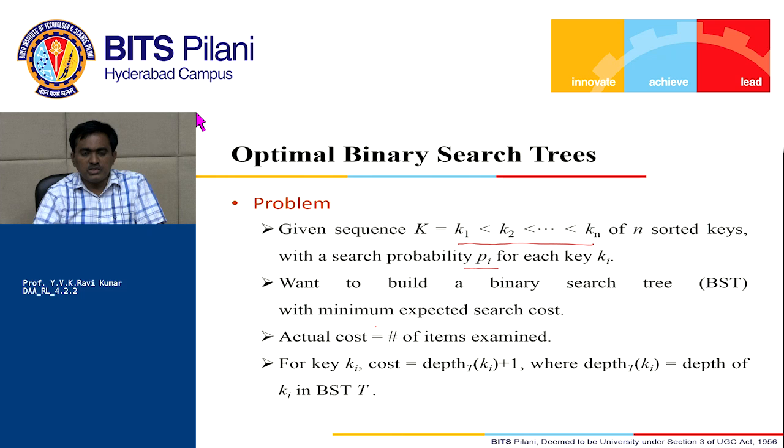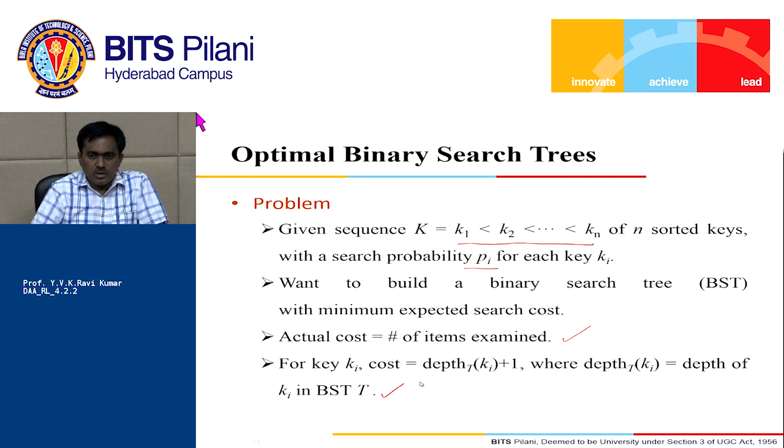Here the actual cost is nothing but the number of items we examine. We are already very familiar with this point: for any given ki, the cost we incur for searching is depth of ki plus 1, where depth of ki with respect to T is the depth of ki in the BST, that is T here.